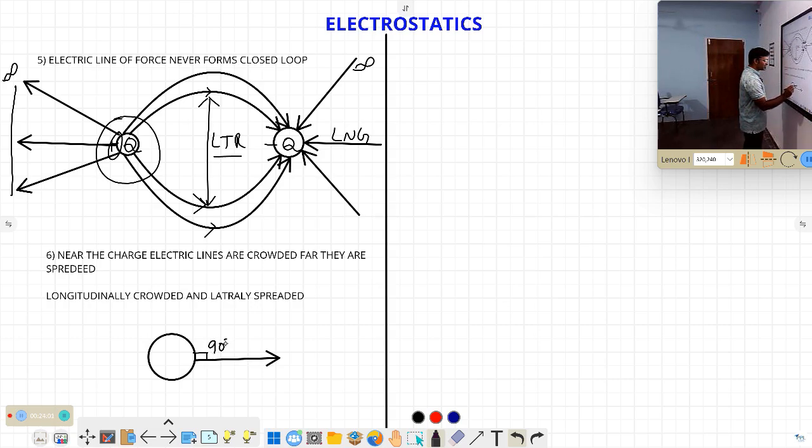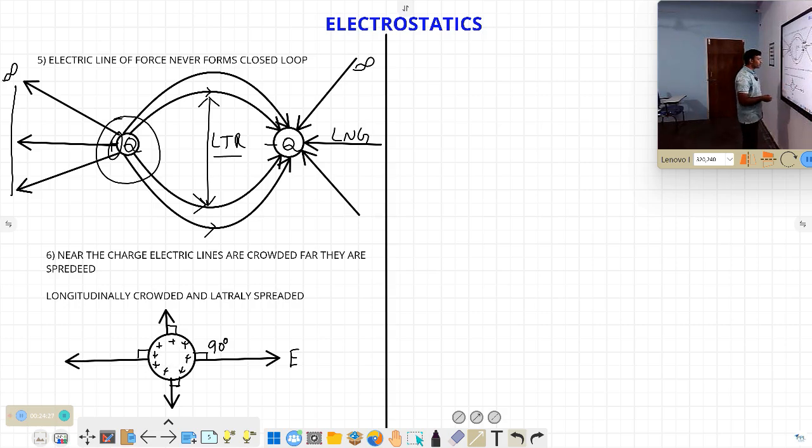It makes an angle of 90 degrees, that is, normally. The electric lines of force originating from a charged body are always normal to the surface. Electric lines of force always originate normally from the surface of the charged body. This is an important point to understand. This is also one of the properties, the sixth point. Now go to the next point.